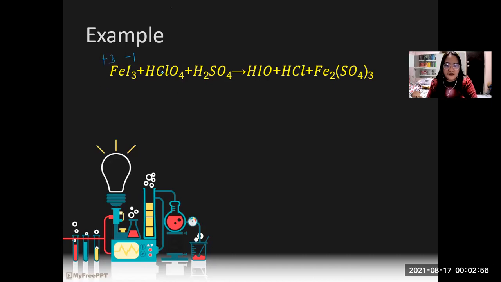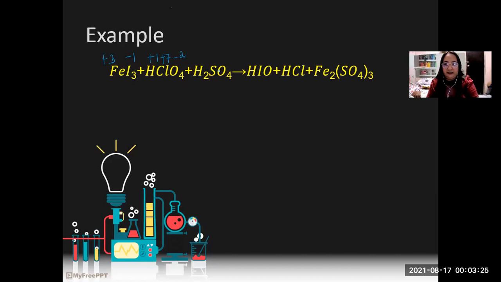And then for HClO4, we know that oxygen is -2 and hydrogen is +1. Therefore, that's 4 times -2, that's a -8 plus 1, that's a -7. So Cl is +7. That's the reason why I don't use this for my discussion, because it's going to cramp up on top of the action. But I'm just showing you an alternative on how you can do it.